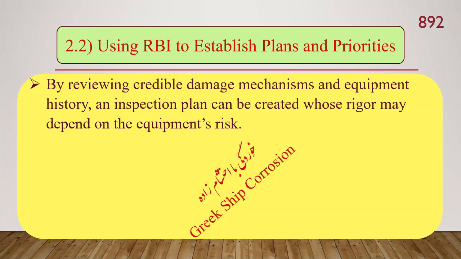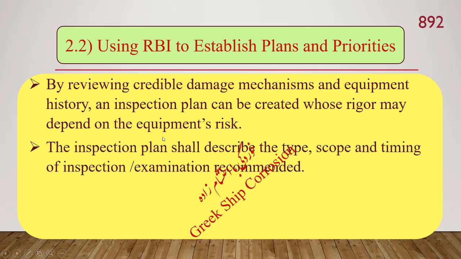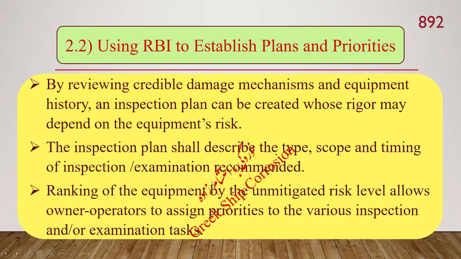By reviewing credible damage mechanisms and equipment history, an inspection plan can be created whose rigor may depend on the equipment's risk. The inspection plan should describe the type, scope, and timing of inspection examination recommended. Ranking of the equipment by the unmitigated risk level allows owner-operators to assign priorities to the various inspection and/or examination tasks.